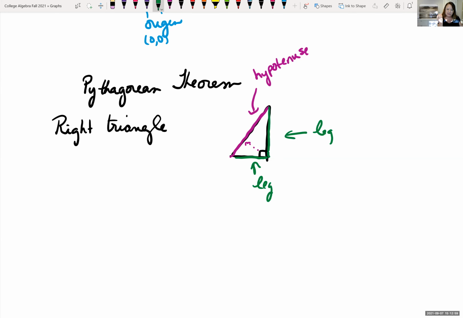If the length of one leg is A, the length of the other leg is B, and the length of the hypotenuse is C, the Pythagorean theorem says that if we take the square of each leg and sum them, A squared plus B squared, this is the same as squaring the hypotenuse, C squared.